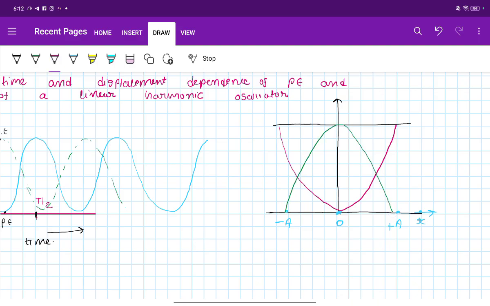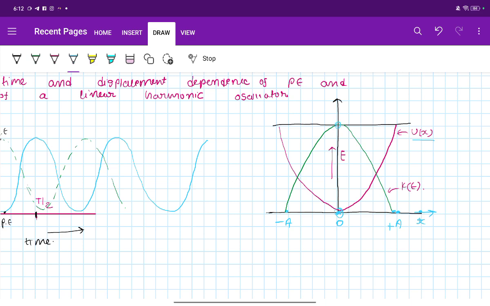This axis represents energy. This graph represents potential energy, while this graph represents kinetic energy. So again, when kinetic energy is zero, potential energy is maximum, and when potential energy is zero, kinetic energy is maximum.